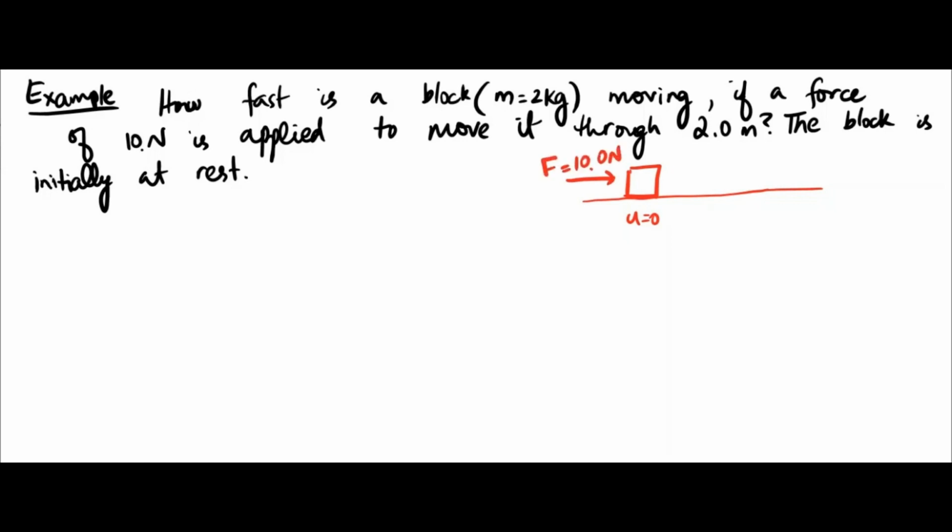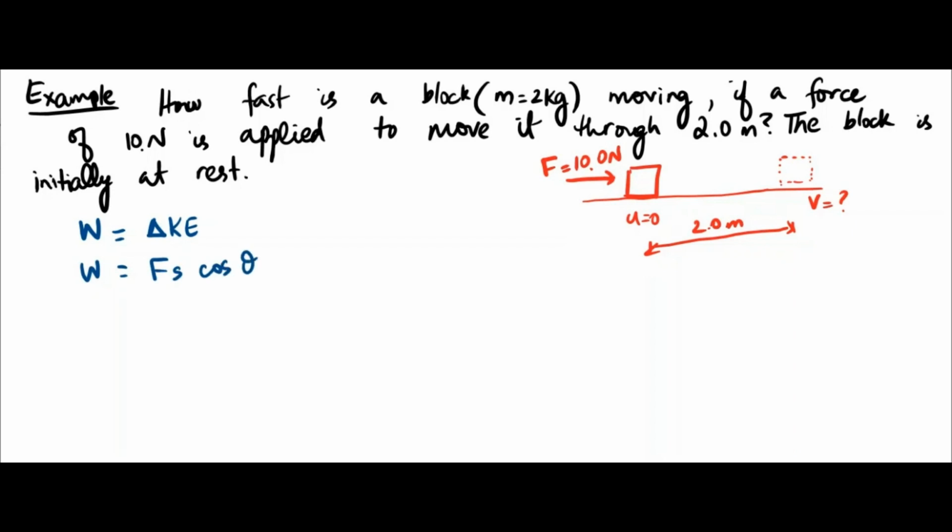Initially the block is at rest, then there's a force being applied to it and it's moving to the right, and it's moved through a displacement of 2 meters. The question is asking to find how fast it is moving with that force of 10 newtons being applied. So let's find out the final velocity by using the work energy theorem, by finding the change in kinetic energy.